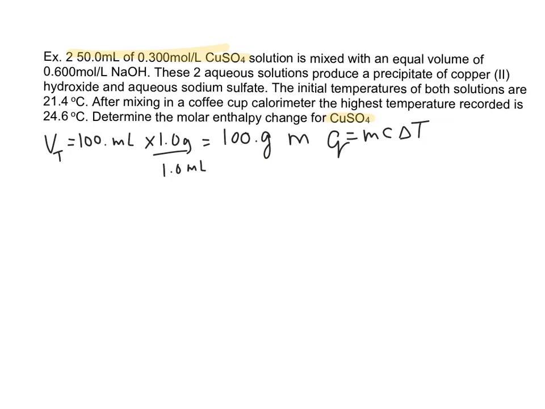All right, so we can set up our Q. You always start with your Q when you're finding molar enthalpy. So 100 grams times, again, we're assuming it's water, so we use the specific heat capacity of water.